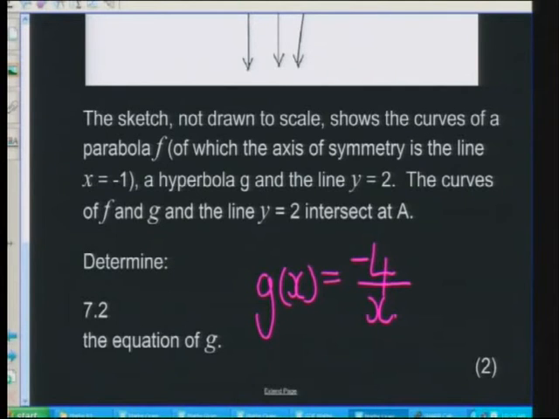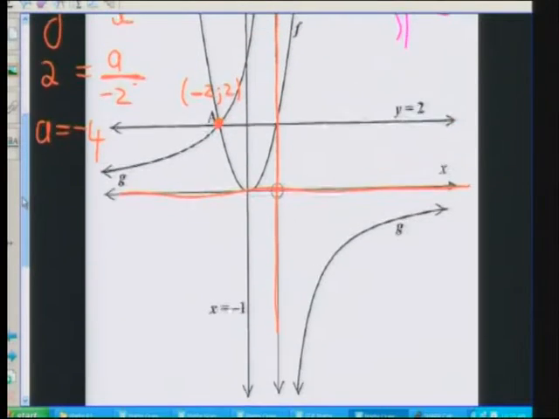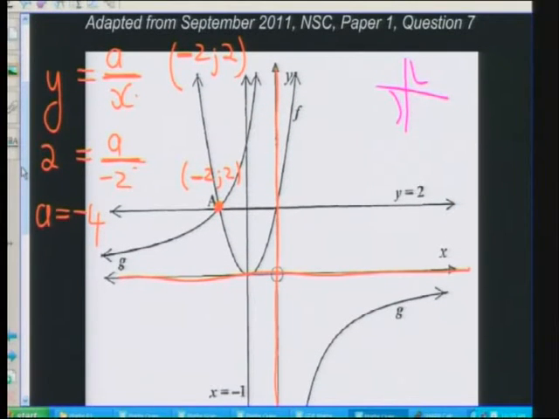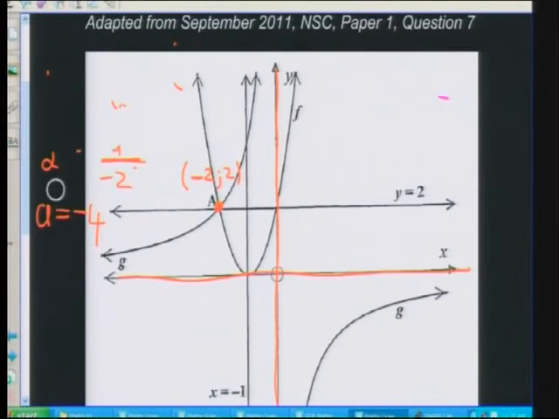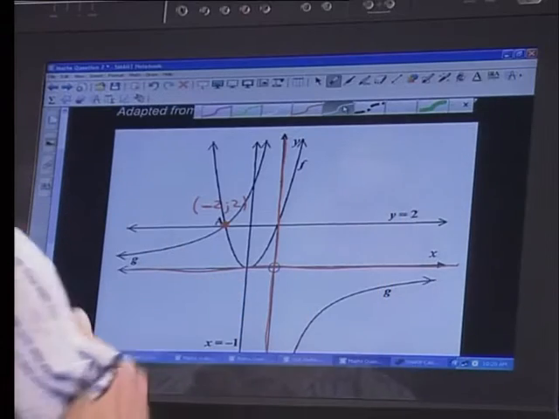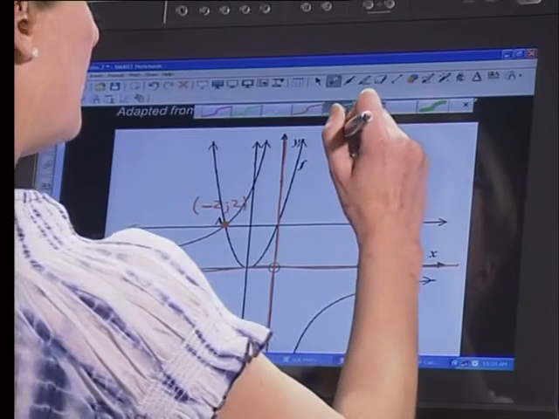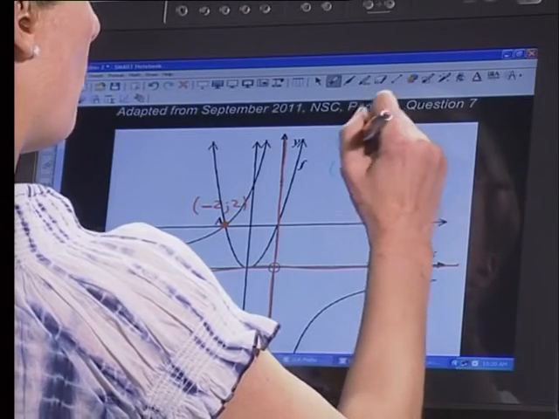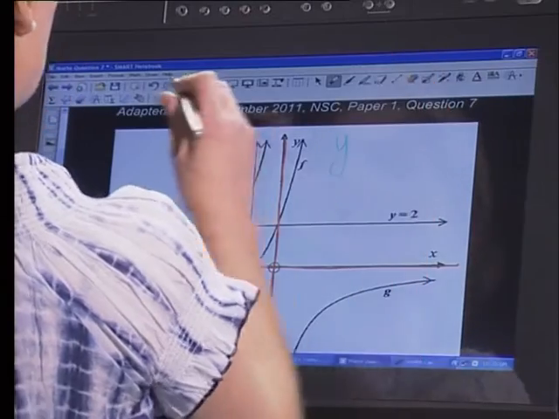Right, now the next question that we are asked is to determine the equation of our parabola. Now let's just clear up a little bit here so we can see what's going on. Now, the first thing that we need to take into consideration is the fact that the axis of symmetry of my parabola is at x is equal to -1. So if I put into the standard formula, I'm going to say y, I think that color might be a little bit too light.